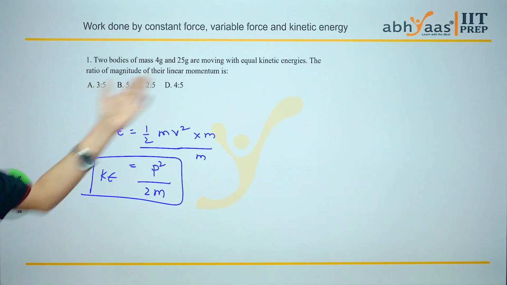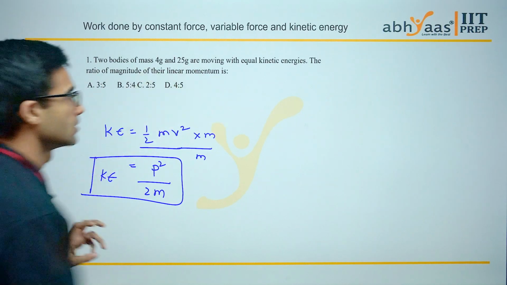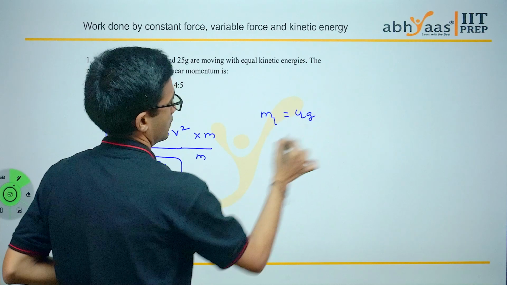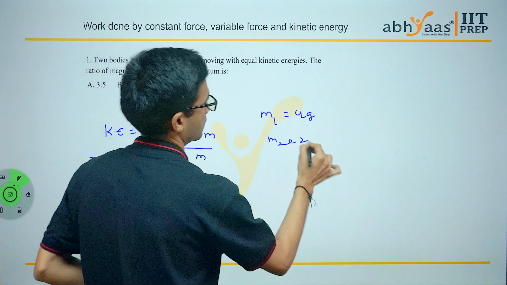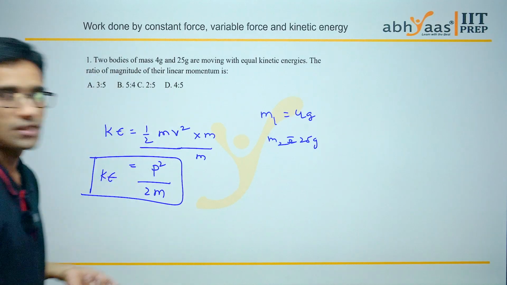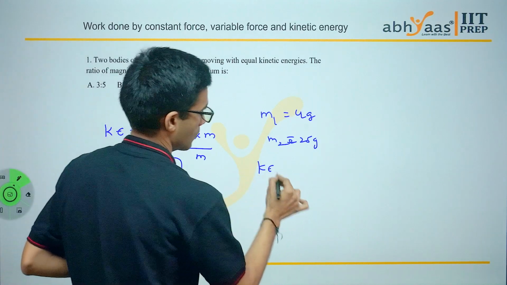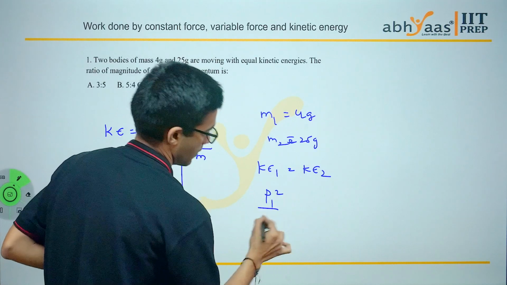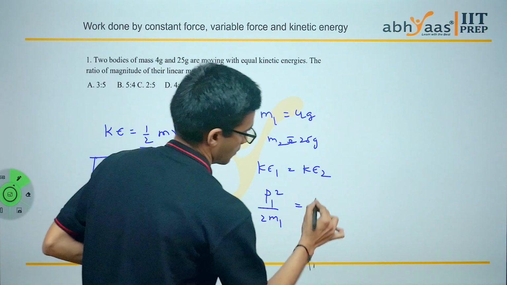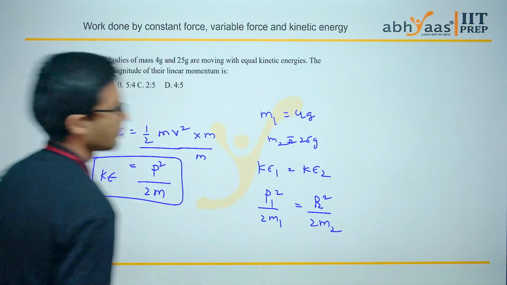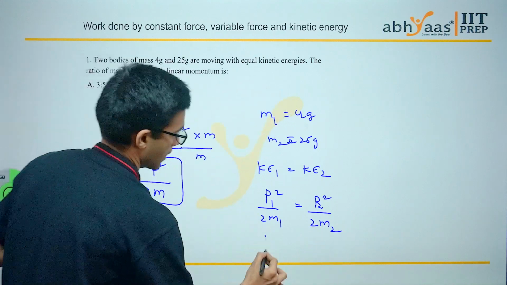Here it is asking about equal kinetic energy. Two masses are there, m1 is 4 grams and m2 is 25 grams. Kinetic energy is equal, that means KE1 equals KE2. So P1 square by 2m1 is equal to P2 square by 2m2.